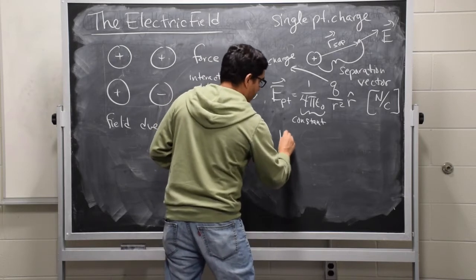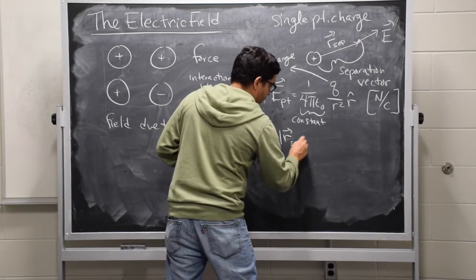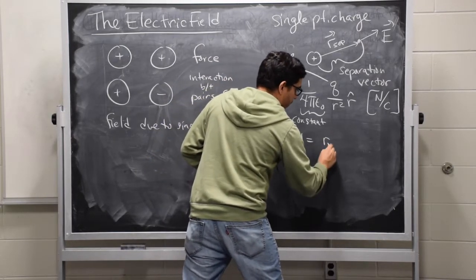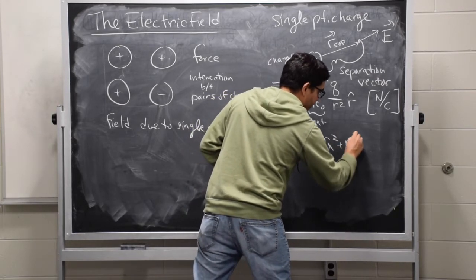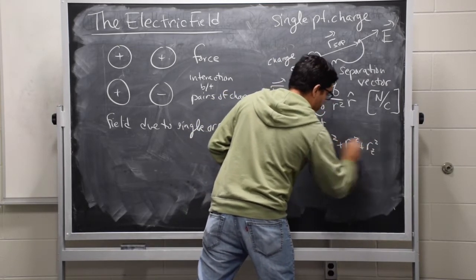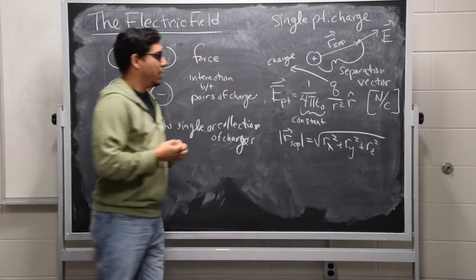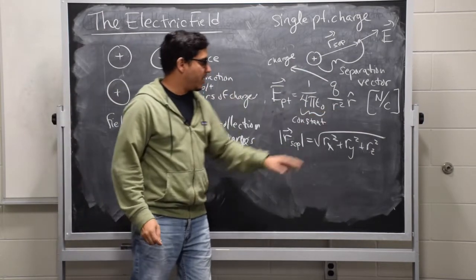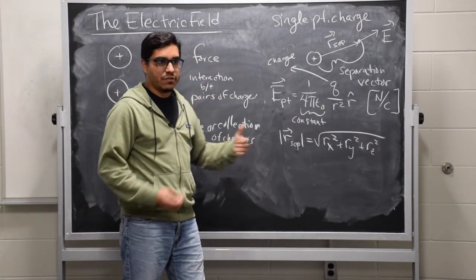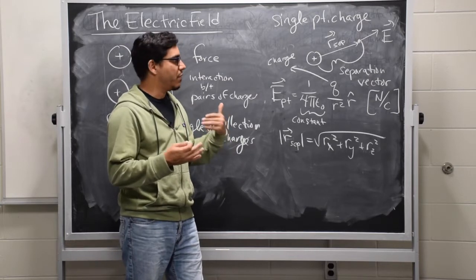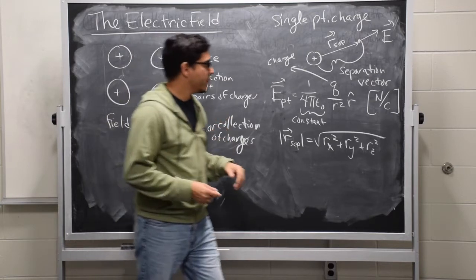So the magnitude of that vector is just the square root of the sum of the squares of its components, right? So when we take the square of that, it's just the square of this magnitude. It's just how far you are away from the charge, squared.